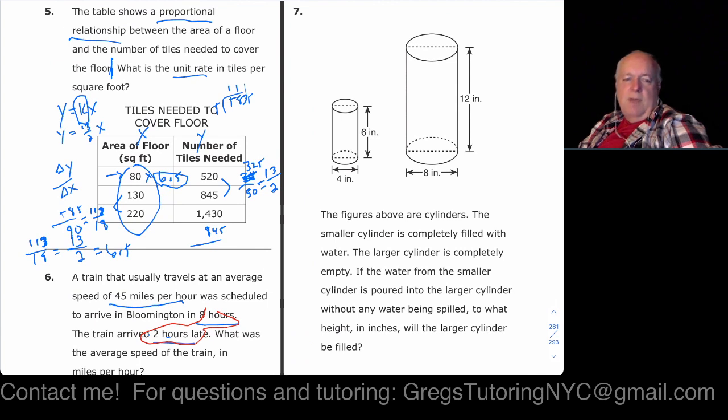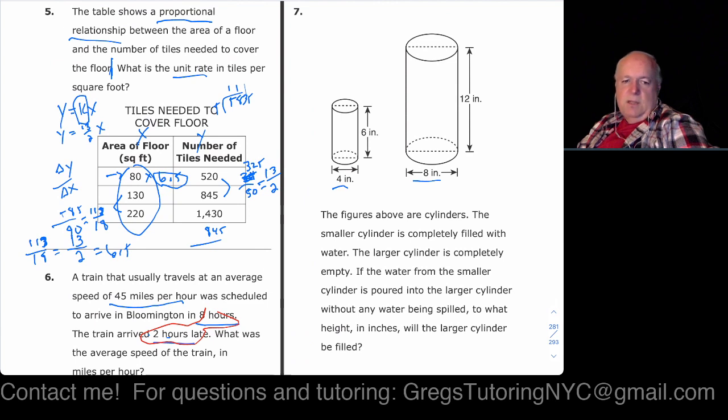So let's see what we have going on here. Just be clear and remember that this 4 and this 8 is the diameter of the bottom circle. These are right cylinders. The figures above are cylinders.